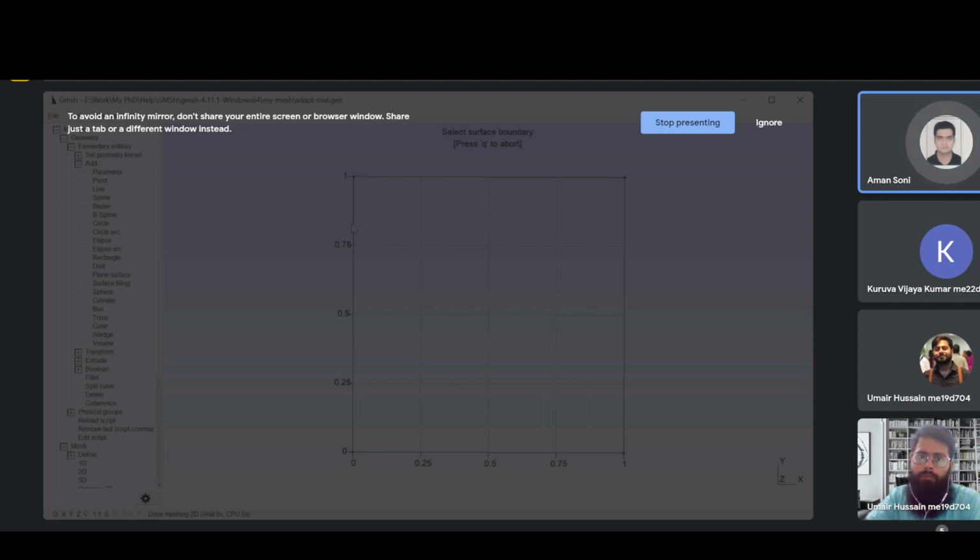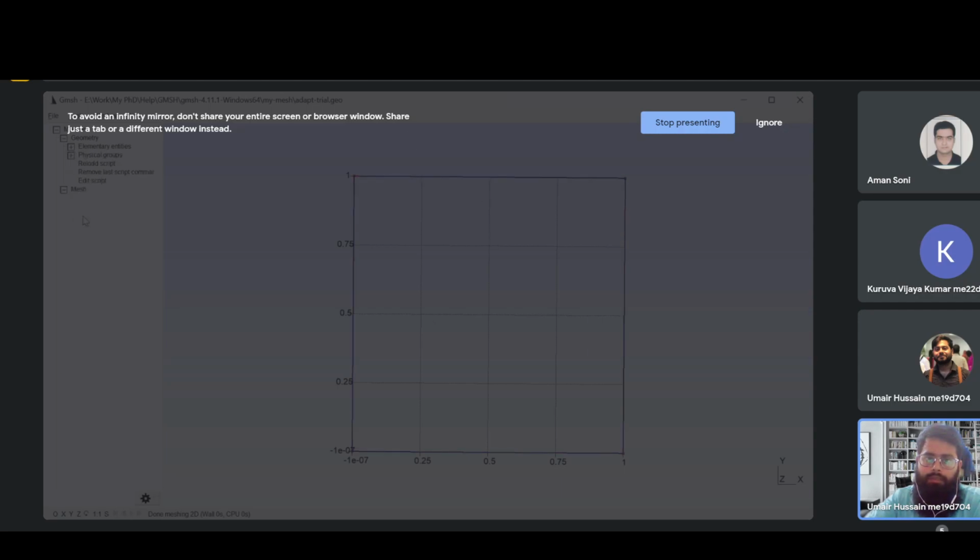I edited the wrong file and was left with no lines, only points.